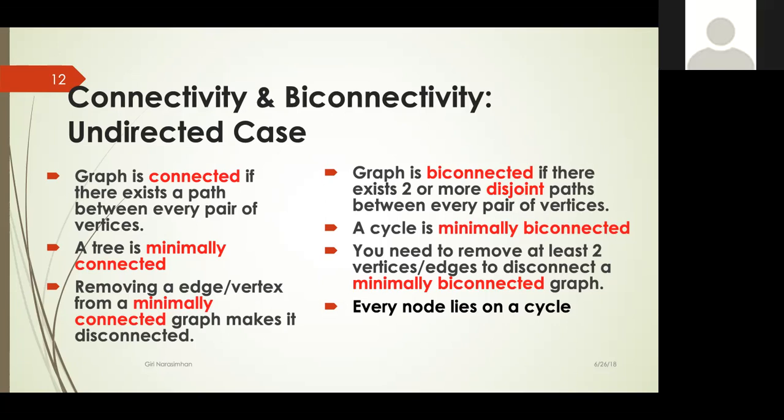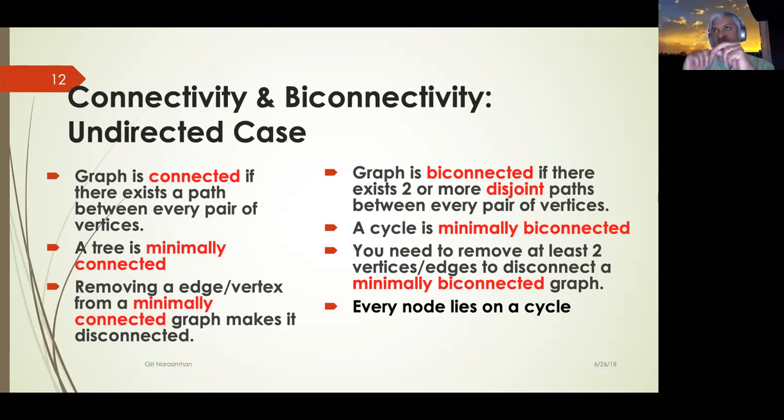Makes sense to me. Okay. Yeah. Now, what's really interesting or useful to know is that if you have two paths from a vertex to some other vertex, then essentially you form a cycle, because you can take one disjoint path to get there, and you can take the other path to return back. So therefore, every vertex is on some cycle.